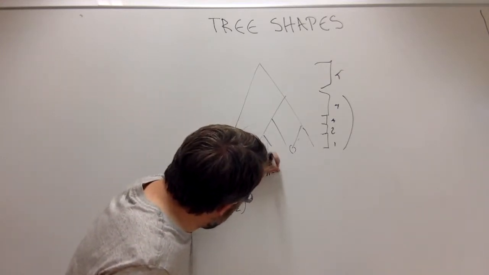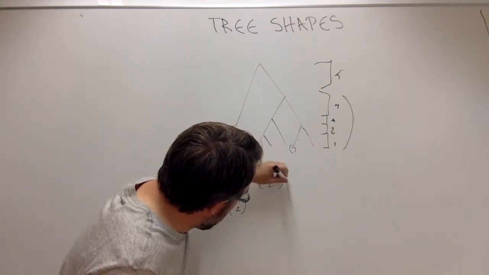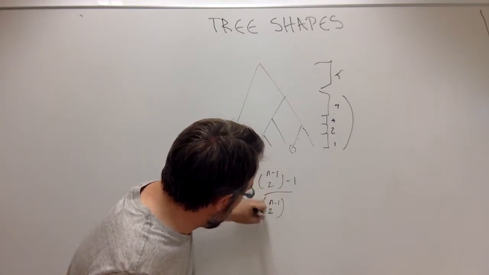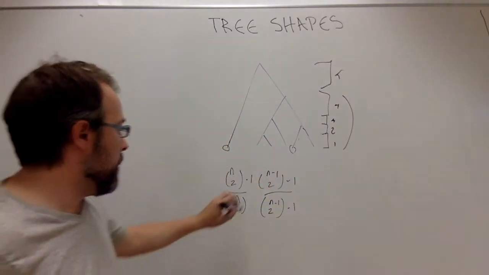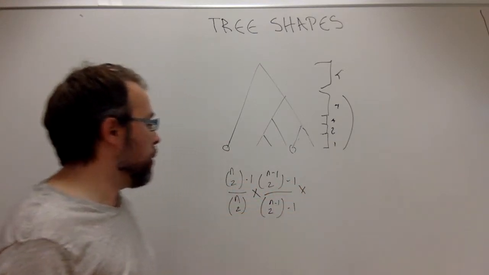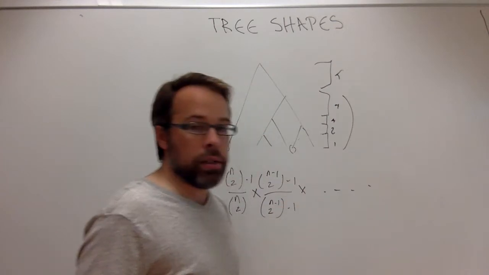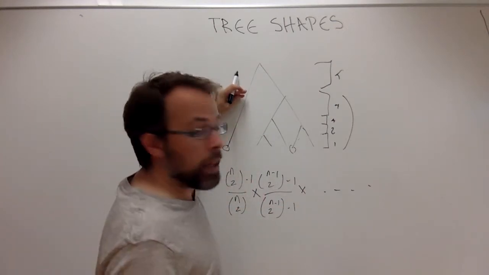And so again, we get n minus 1 choose 2 minus 1 divided by n minus 1 choose 2. And they both have to happen, so we're going to multiply them. And so what we're going to get is this series until we get to the last one.